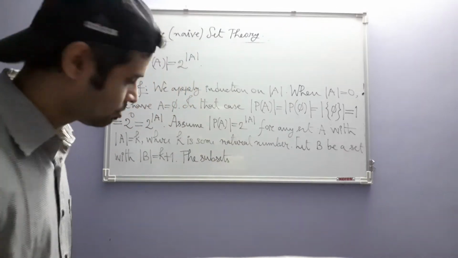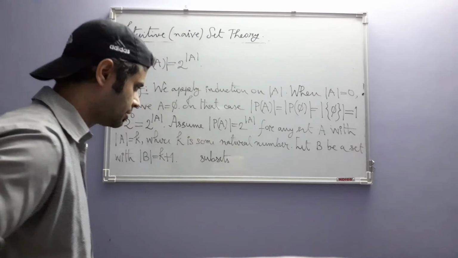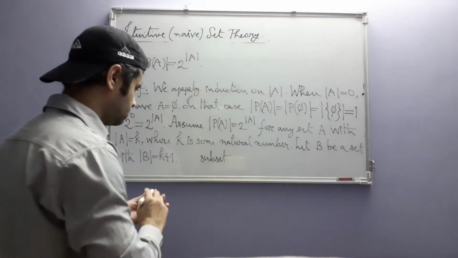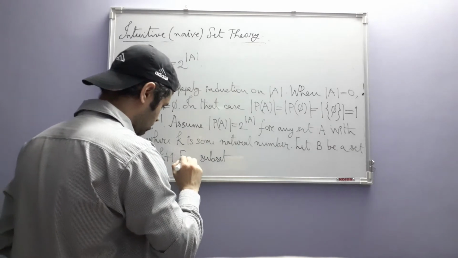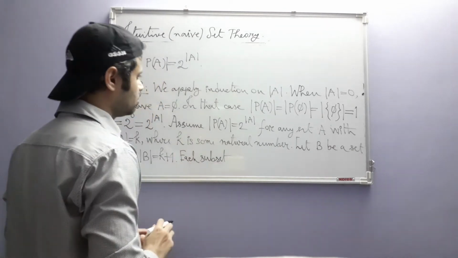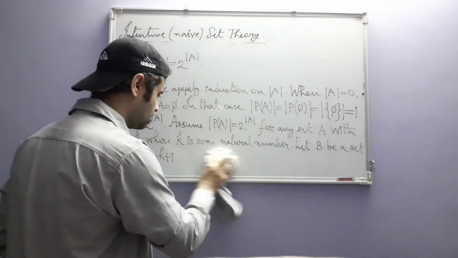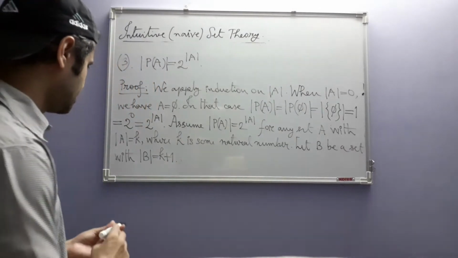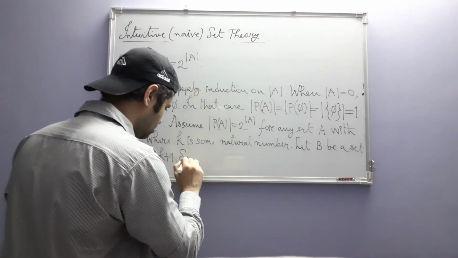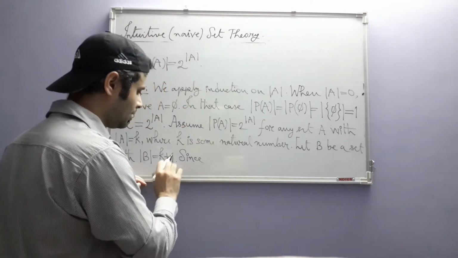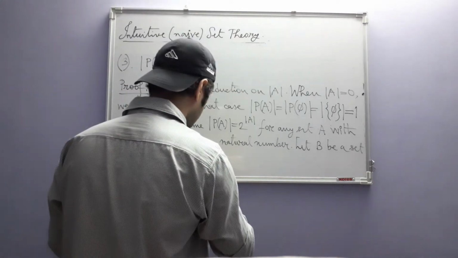The subsets of B, or I should have written like this: each subset, no, not this. Before this, something else comes. Since, just like the previous one, here we have B having K plus 1 elements.